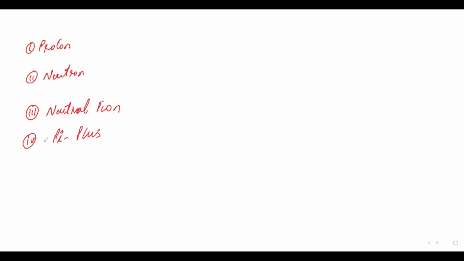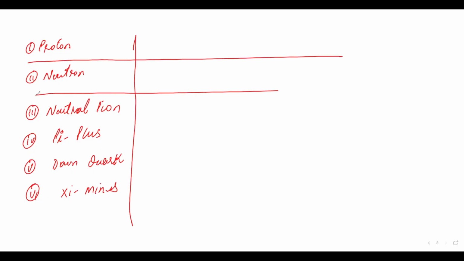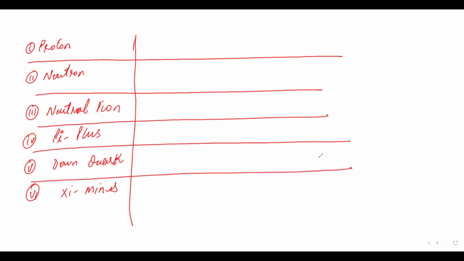Then we have the down quark, and then we have the Z minus as well. These are some important particles whose lepton numbers and baryon numbers we need to know. We need to cram them.